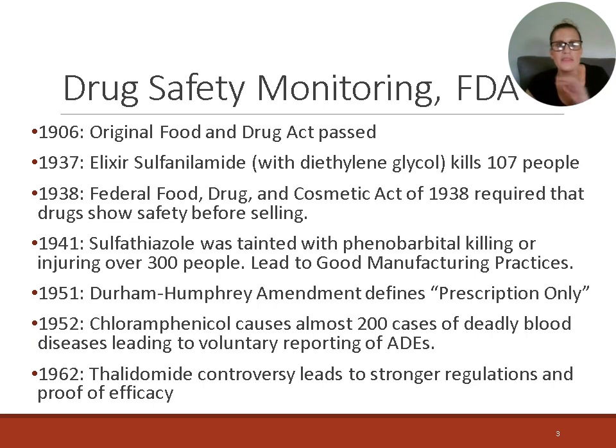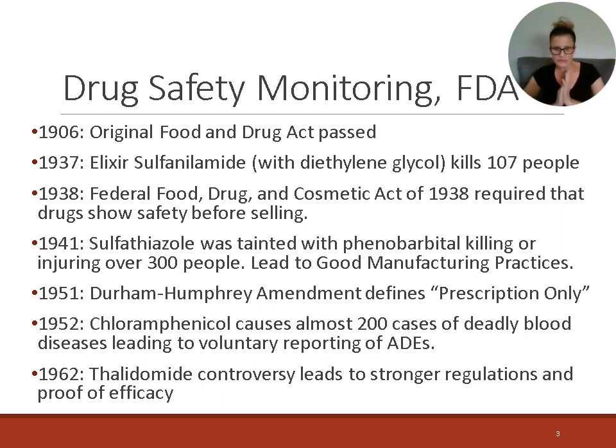In 1952, there was a nationwide investigation by the FDA that revealed that chloramphenicol, an antibiotic, caused almost 180 cases of often deadly blood diseases. This was a drug that had been tested for safety.